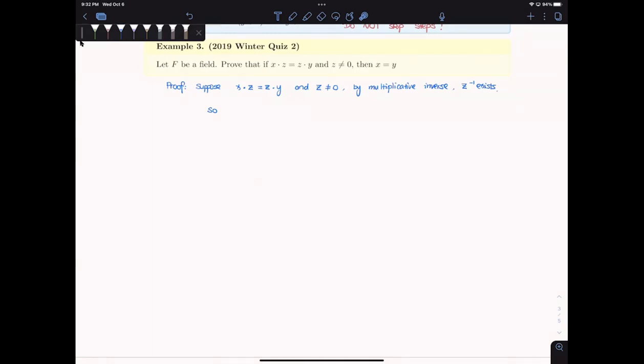That is not allowed. Does that make sense? So basically, I want to multiply z inverse on both sides. So I'm gonna do this. z inverse times x z equals z inverse times z y.